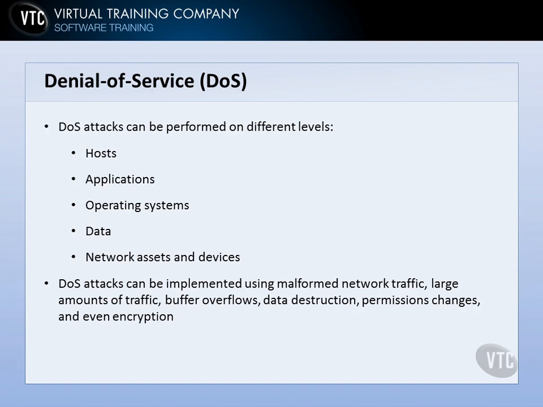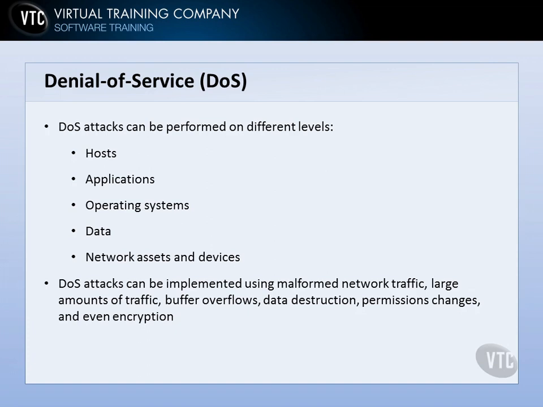They also may do DoSes against operating systems and take advantage of different flaws in an operating system, like the TCP/IP stack, that would shut the operating system down. They also may target data itself, and this could be erasing it, deleting it, otherwise corrupting it, and in some cases maybe even encrypting it so that you can't access it.